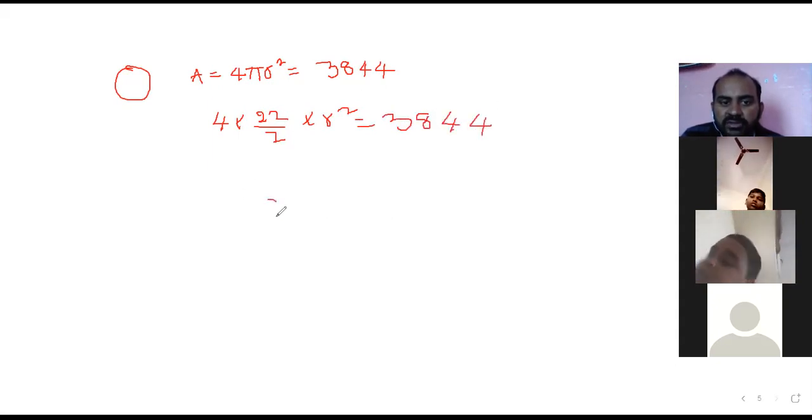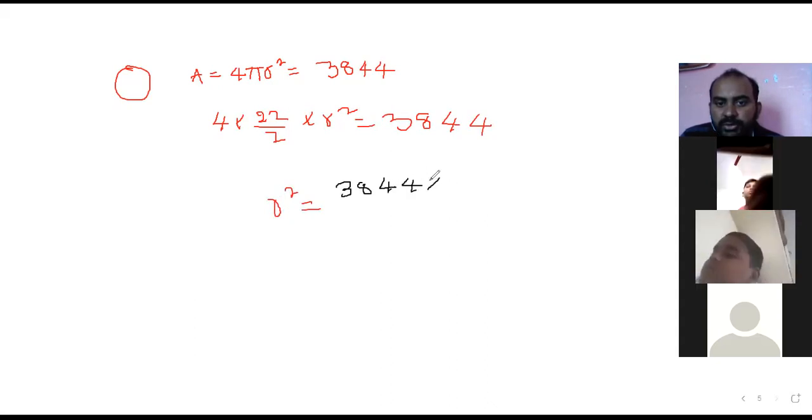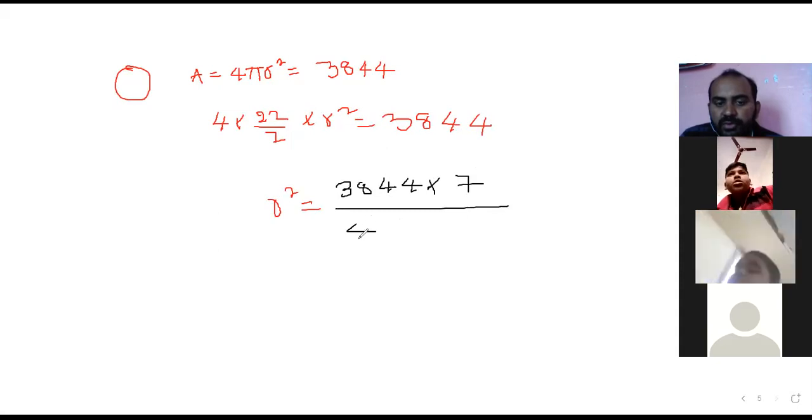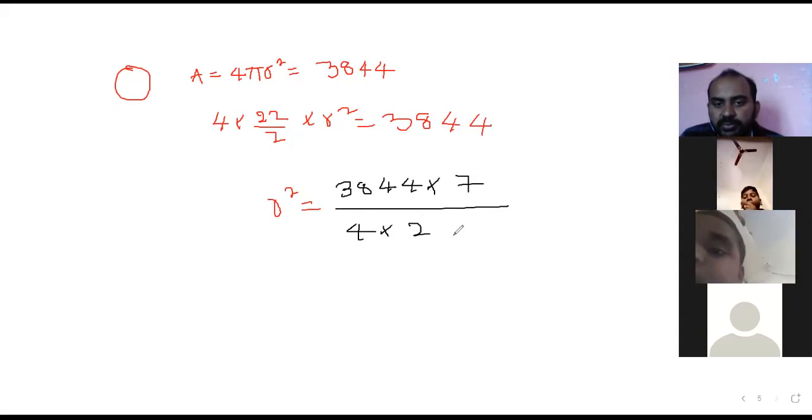From here, r square is equal to 3844 into denominator 7 comes as numerator, by 4 numerator comes as denominator into 22.